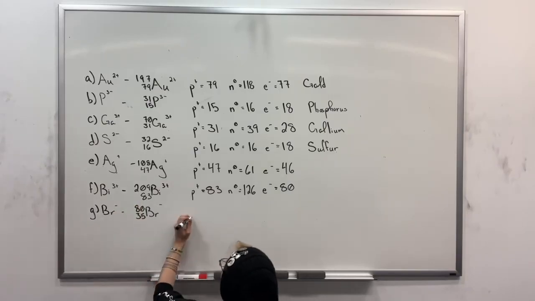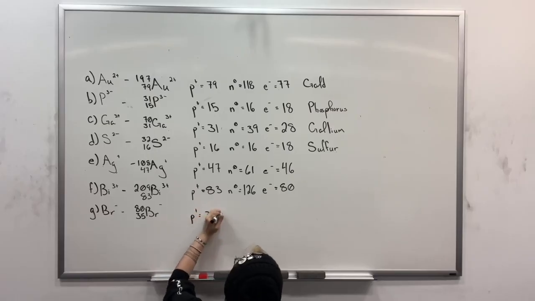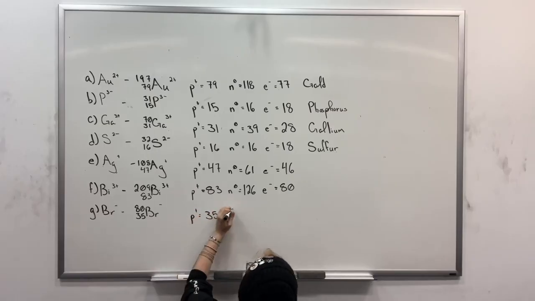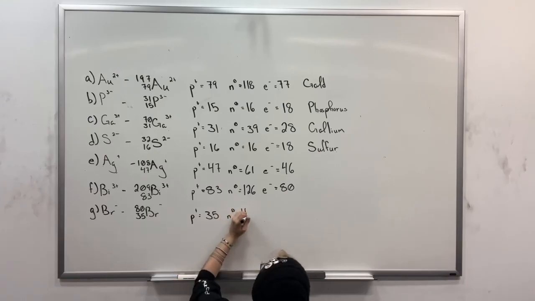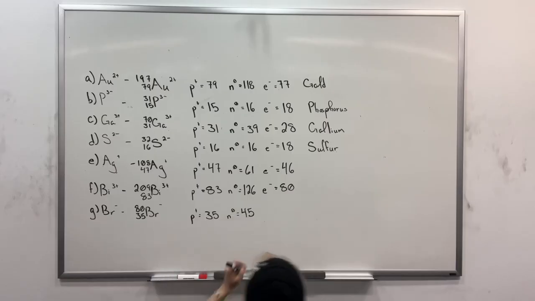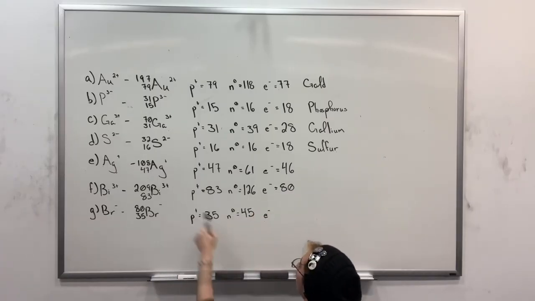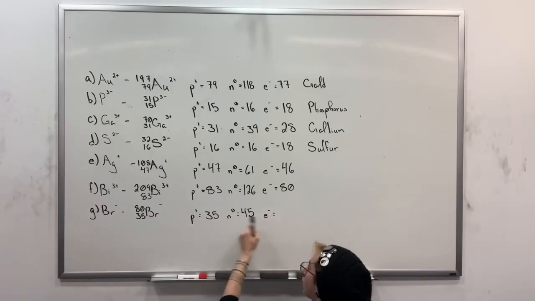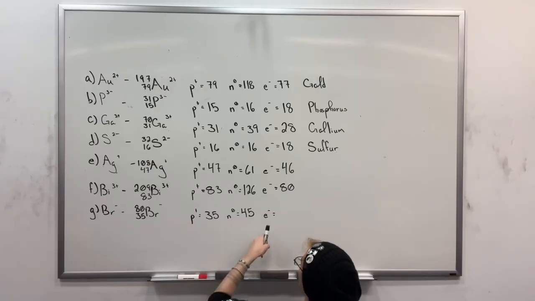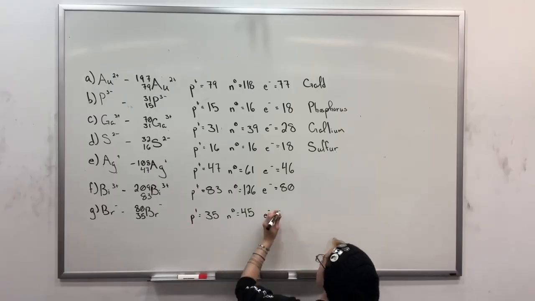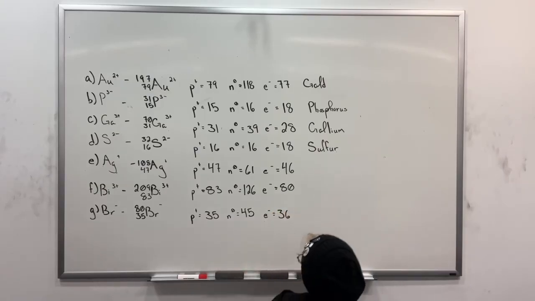So, number of protons is 35. 80 minus 35, we have 45 neutrons. Now we have a minus charge on our atom here, and so we are going to have more electrons than protons. It's just minus, so -1. We have one more electron than we do protons. We have 36 electrons.